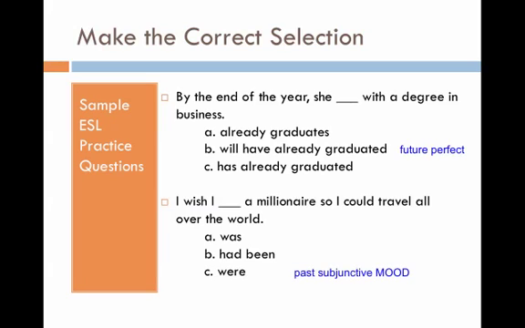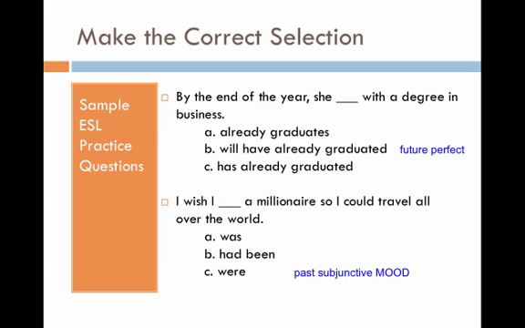I wish I were a millionaire so I could travel all over the world. In this case, we need the past subjunctive mood. I wish I were. If you've studied Spanish grammar or French grammar to a relatively advanced level, you've learned about the subjunctive mood that you use when things are unknown or conditional, when you're expressing a wish.